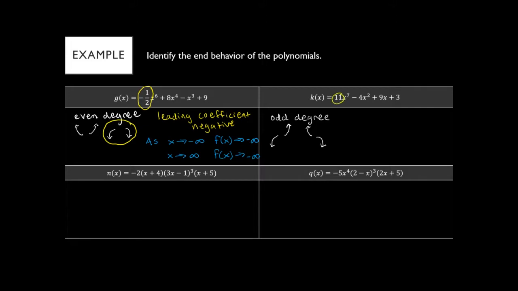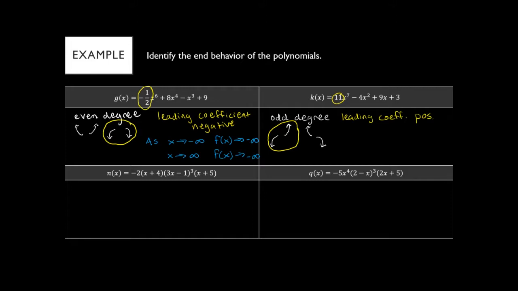Now our leading coefficient here is a positive 11. So the leading coefficient is positive. So I'm going to just abbreviate coefficient. So if it's positive, that means the right side is going up. So that means it's going to look like the first one that we have here, where that right side is going up.